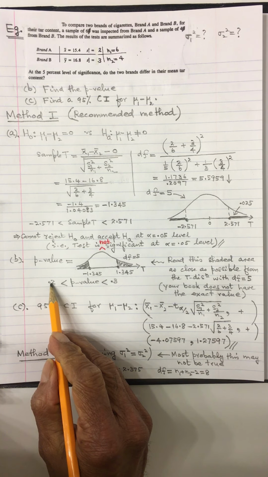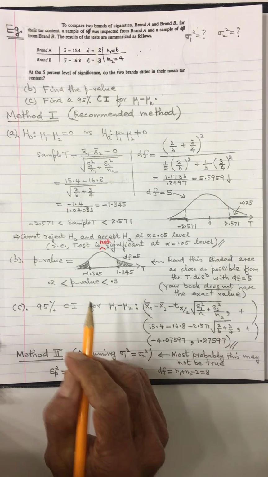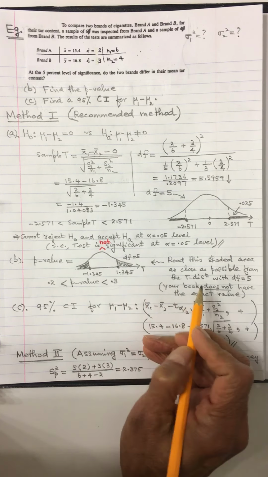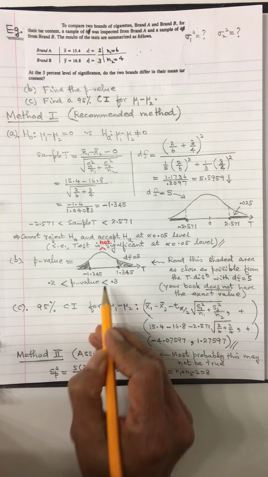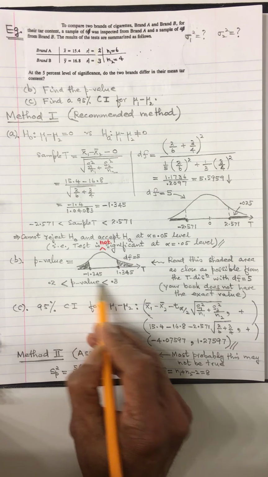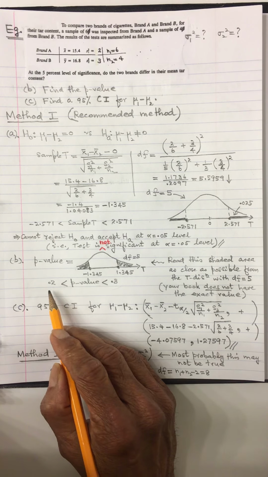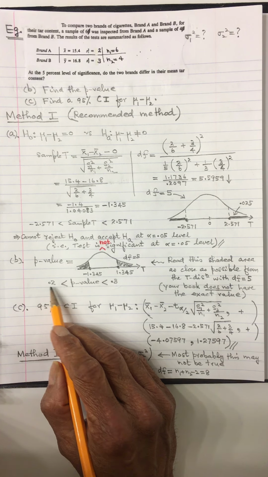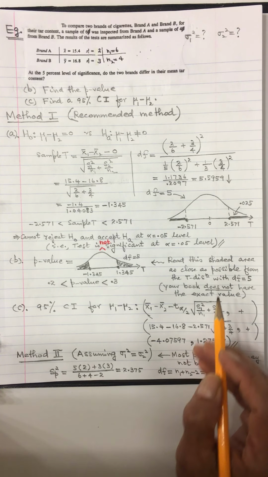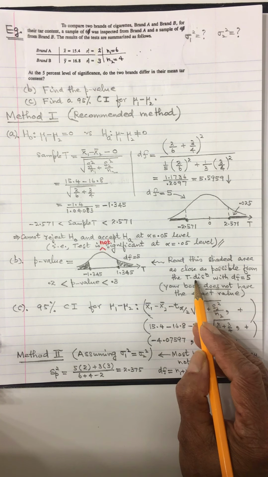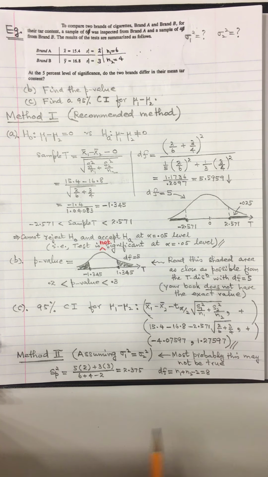When you double it, you get this and that. So it falls in between two values on the t distribution with 5 degrees of freedom. So the p-value is going to be from 0.2 to 0.3.